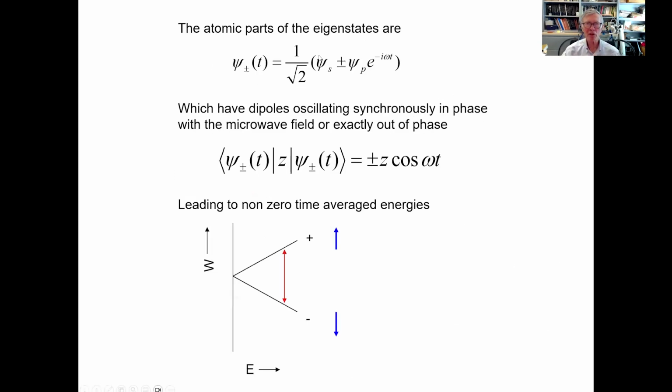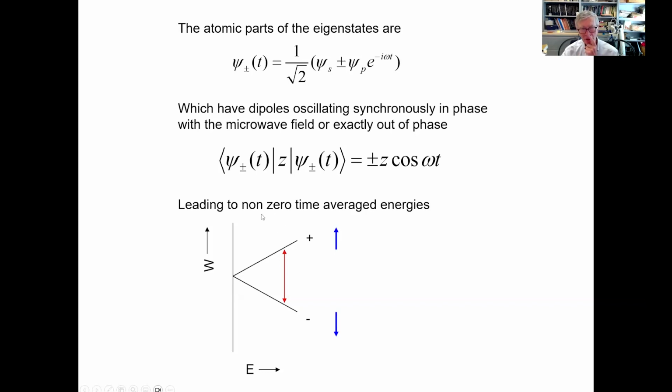So if I look at the atomic parts of these eigenstates, they look like this. It's psi NS plus or minus e to the i omega t. If you calculate the expectation value of z in these, you in fact find that it is z cosine omega t, which essentially tells you that in the eigenstates, they have dipoles that are oscillating synchronously in phase with the microwave field, or exactly out of phase, leading to these non-zero time-average fields.